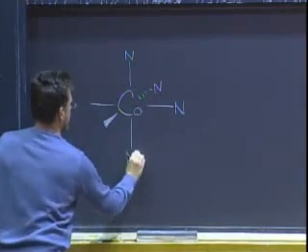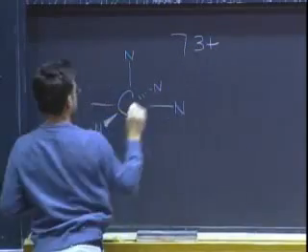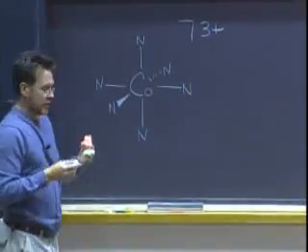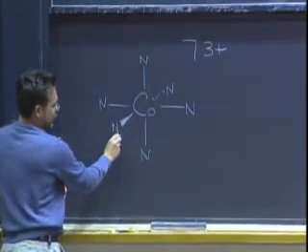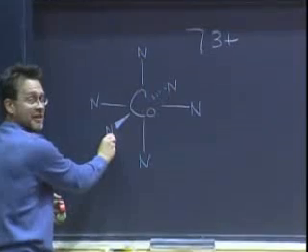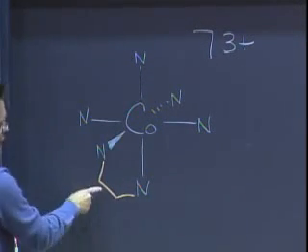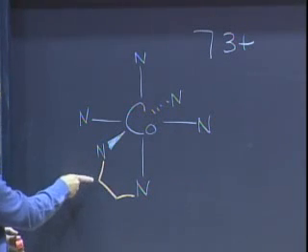I'm drawing a cobalt ion in a 3+ complex that has 6 nitrogens directly bonded to the cobalt. But now, look what I'm going to do. I'm going to put some organic material in here and link these nitrogens by a CH2-CH2 unit, a CH2 chain here. So it's CH2-CH2.